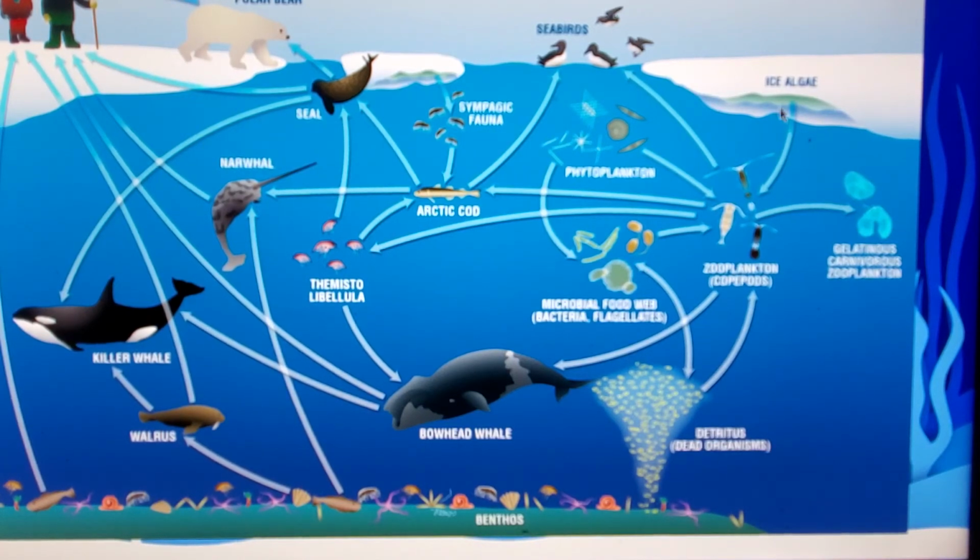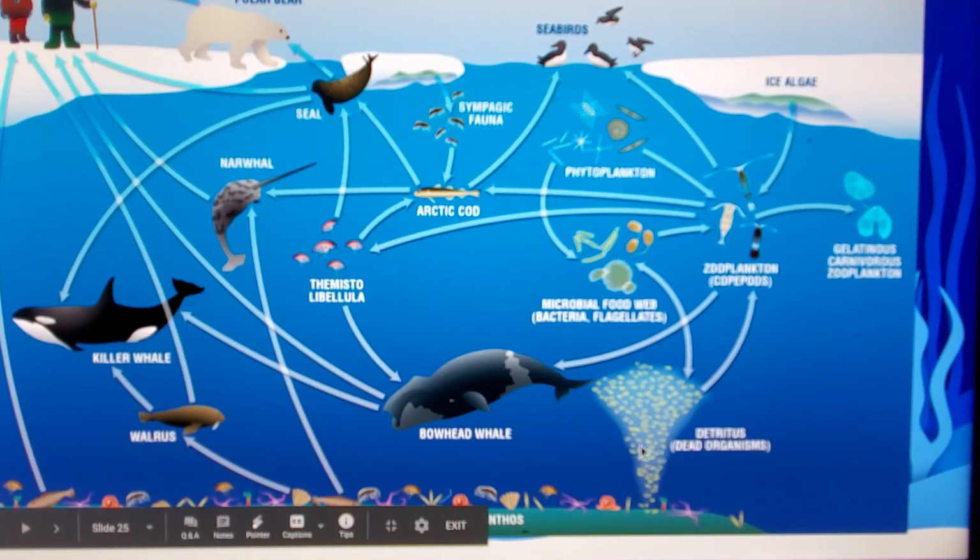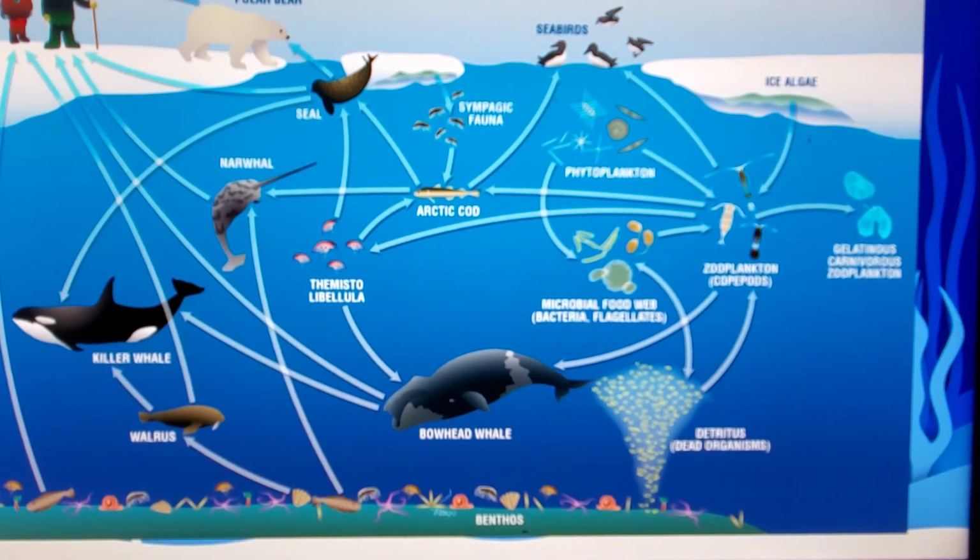So we have ice algae, and we also have phytoplankton. Notice there's no arrows going towards it. All the arrows move away because this is another producer. Yet, I want you to take notice how there's many food chains overlaying each other, making a food web.